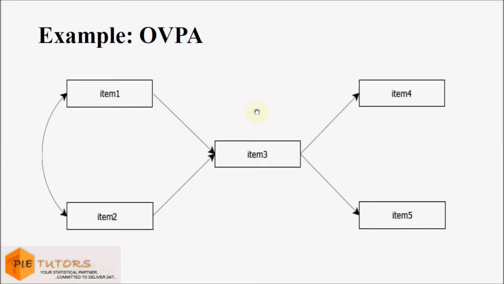Similarly, item 4 and item 5 are independently predicted using item 3. So item 1 and item 2 are exogenous variables. Item 3, item 4 and item 5 are endogenous variables. Once the model is specified, the next step is to run the model.